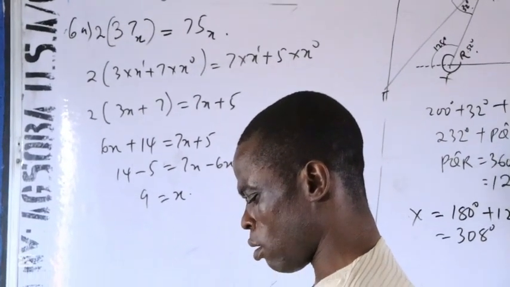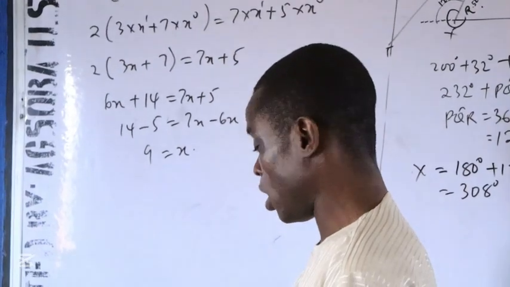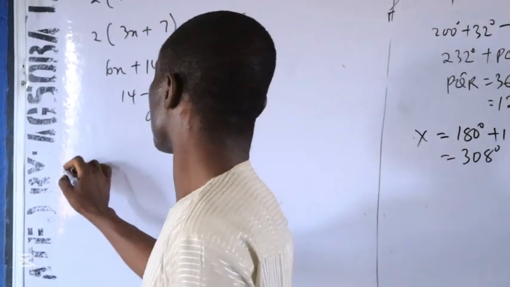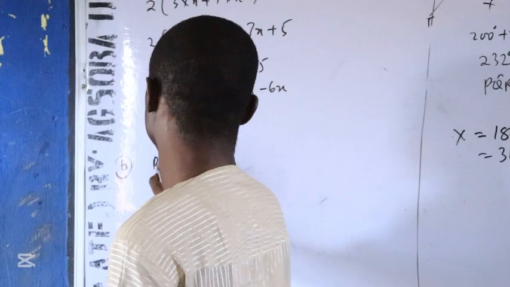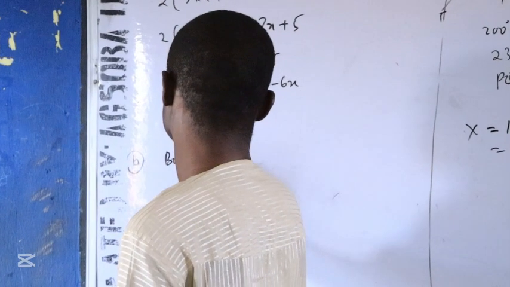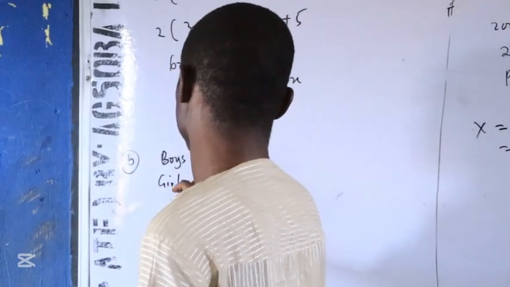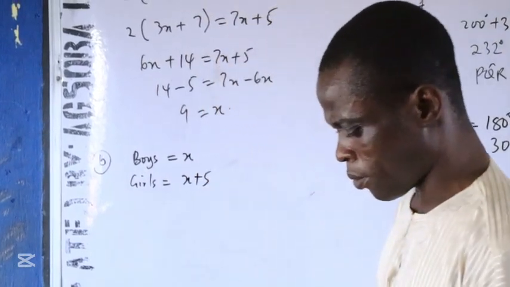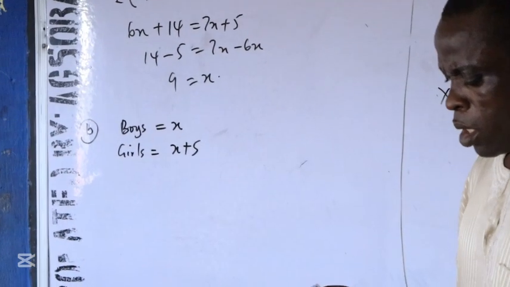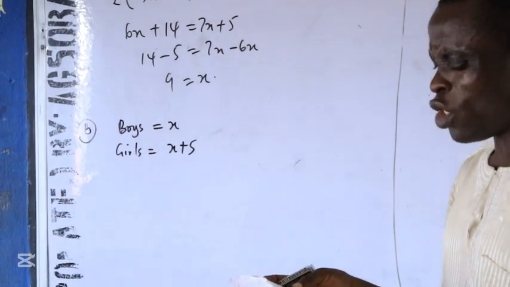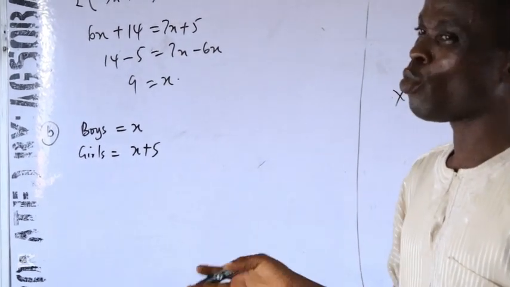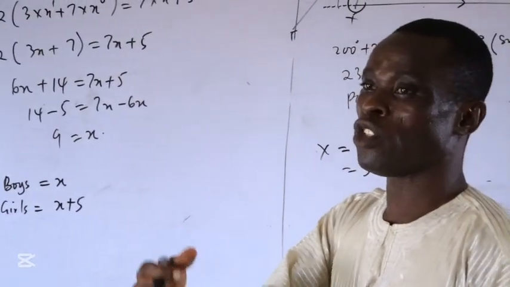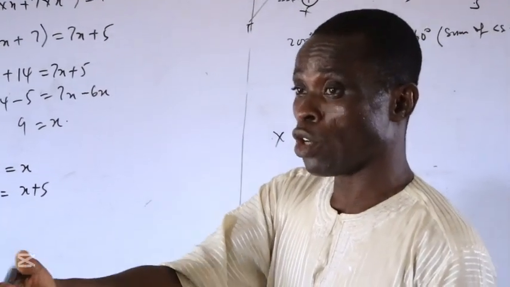There are 5 more girls than boys in a class. Let's say we have boys, then we have girls. If this one is S, this one is S plus 5. Now, there is a statement there. If 2 boys join the class, this is the ratio you are going to have.